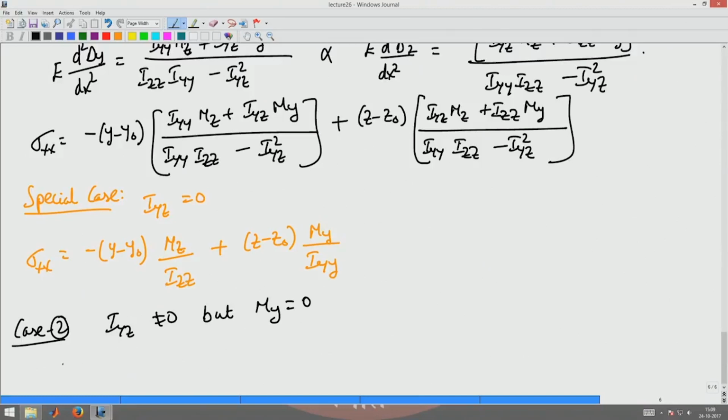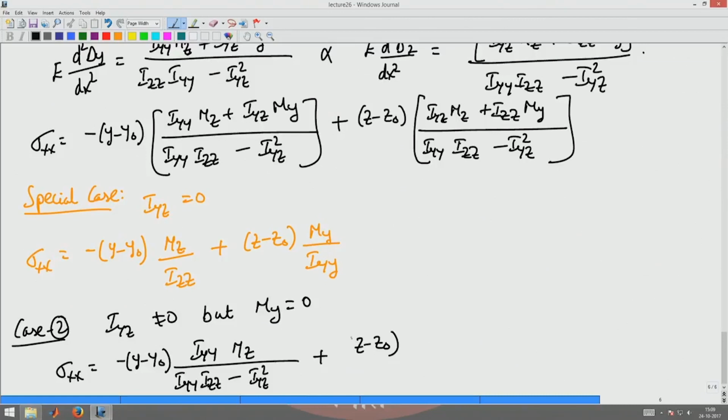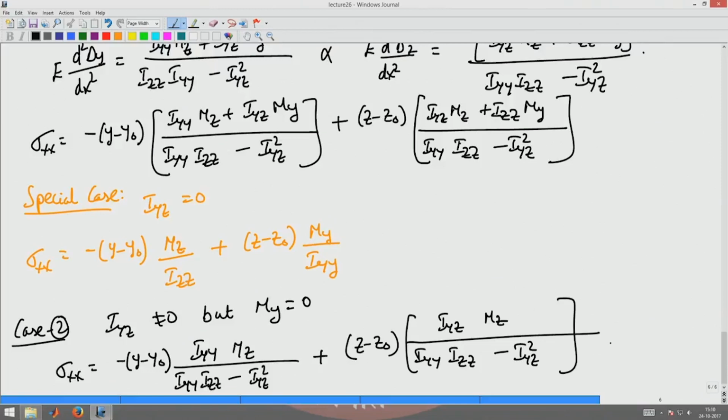Now sigma xx would be minus y minus y naught, My is 0, so I have Iyy divided by Iyy Izz minus Iyz squared into Mz, plus z minus z naught into Iyz into Mz divided by Iyy Izz minus Iyz squared.